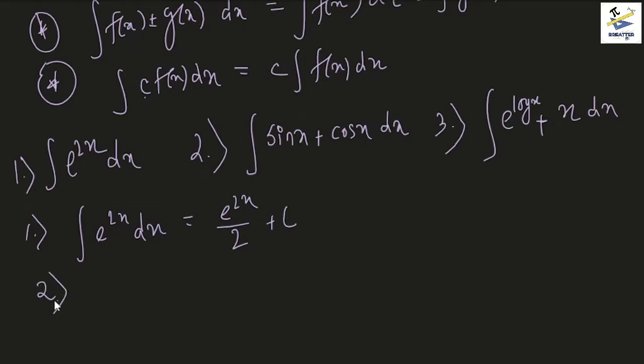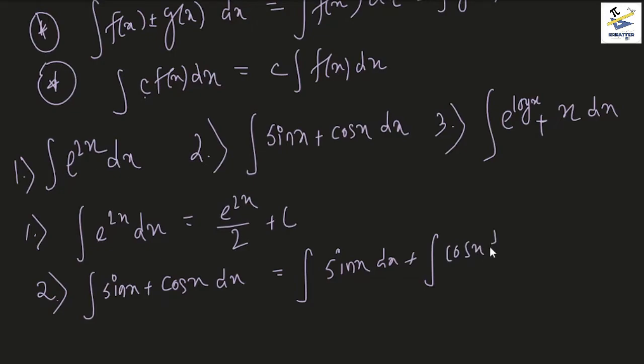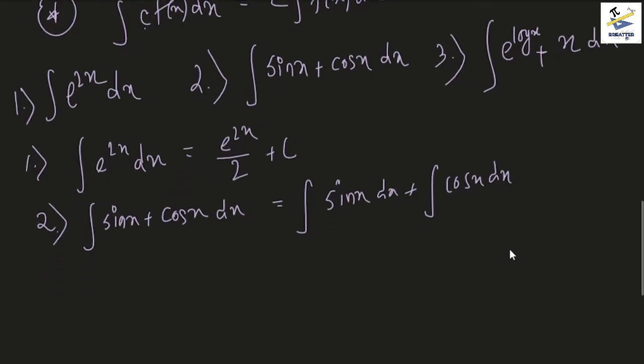Similarly, for number 2, we can write integration of sine of x plus cos of x dx, and we can write integration of sine x dx plus integration of cos x dx. As I already mentioned, we can separate the two functions which are in addition or subtraction form and integrate them separately. Okay, so as we have learned, the integration of sine x would be just minus cos x, there is no dx because it is out of integration, plus integration of cos x, which is just sine x.